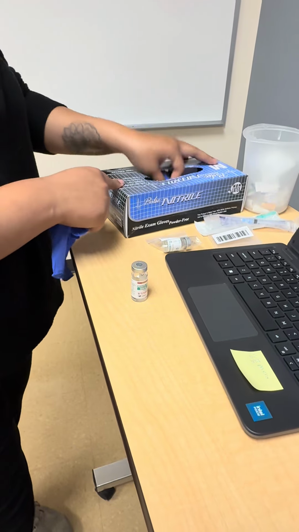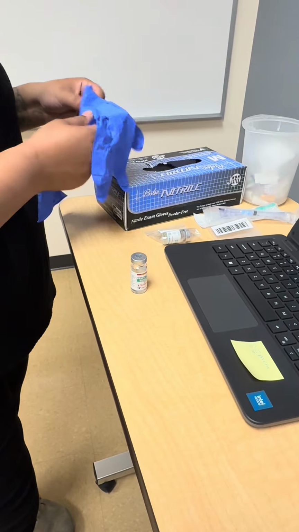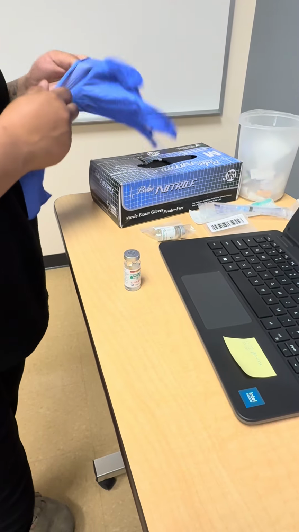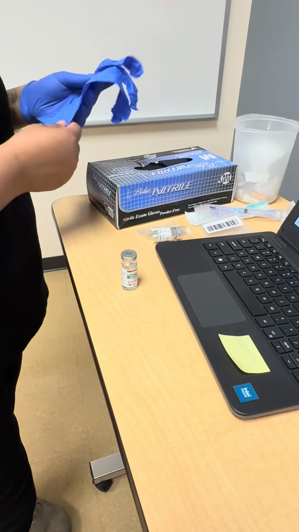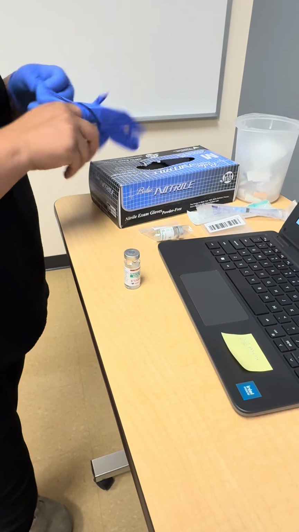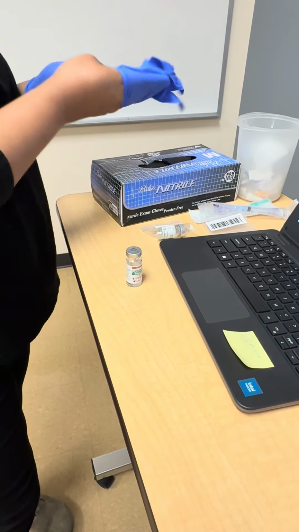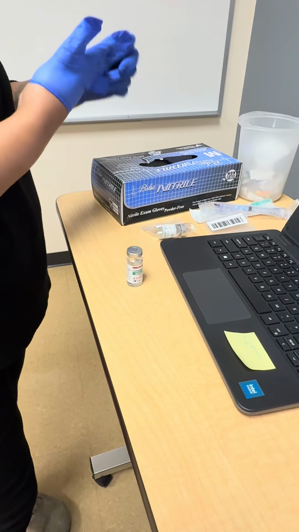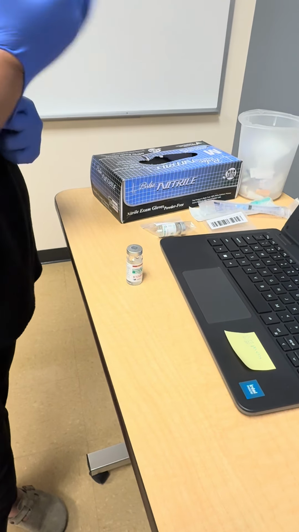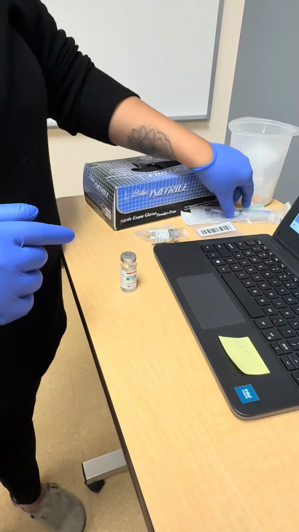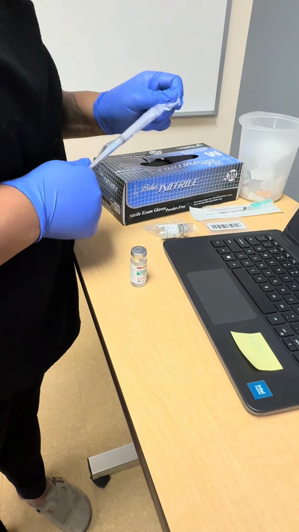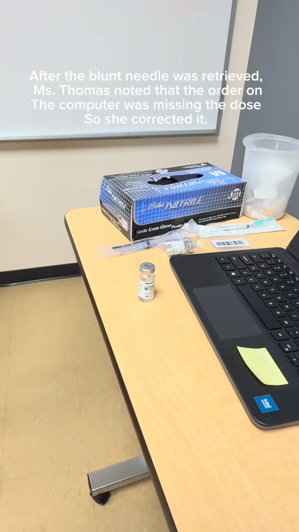This is intramuscular, so there's several sites you'll learn about. The dorsogluteal muscle, the deltoid muscle, and the vastus lateralis. I'm going to opt to give it in the deltoid muscle. So now that that's dry, I'm going to prepare my medication. So I do have to get a blunt fill needle.